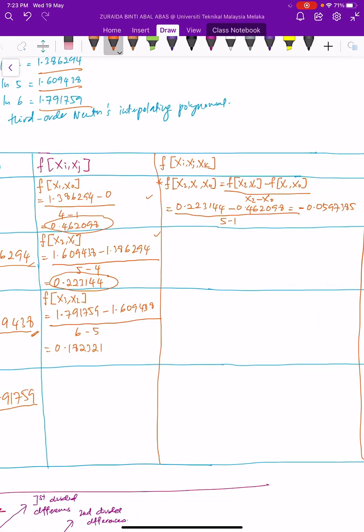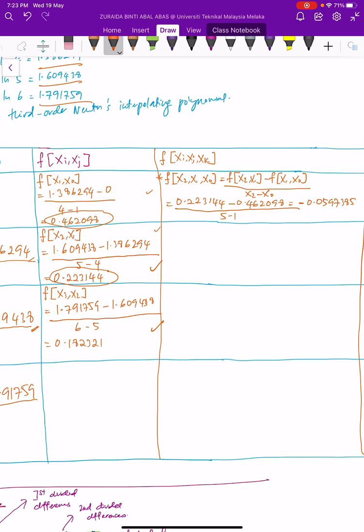Okay, and we need the other value that comes from the next two rows for the second divided differences, which is a combination for points x3, x2, x1. It comes from f[x3, x2] minus f[x2, x1], divided by x3 minus x1.